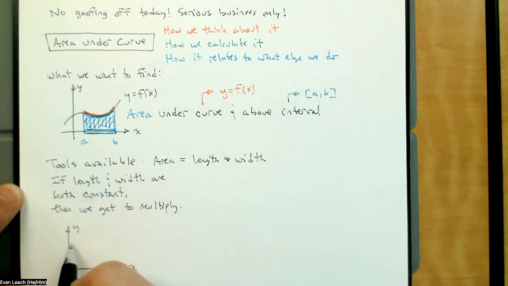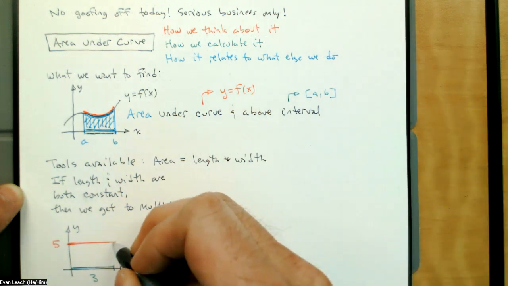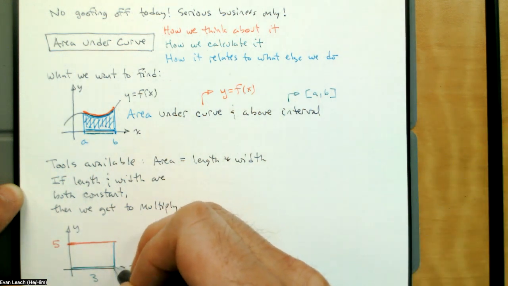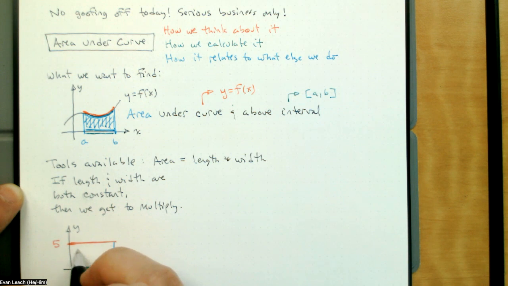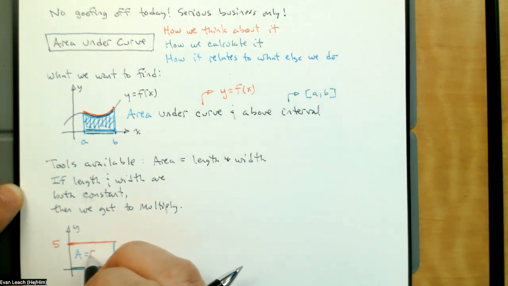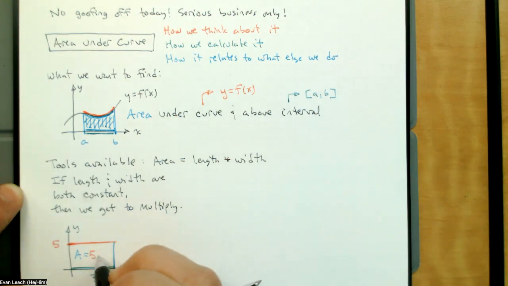If I have a constant 5, over an interval that has a width of 3, then our area is just 5 times 3. I just take the height and multiply by the width.